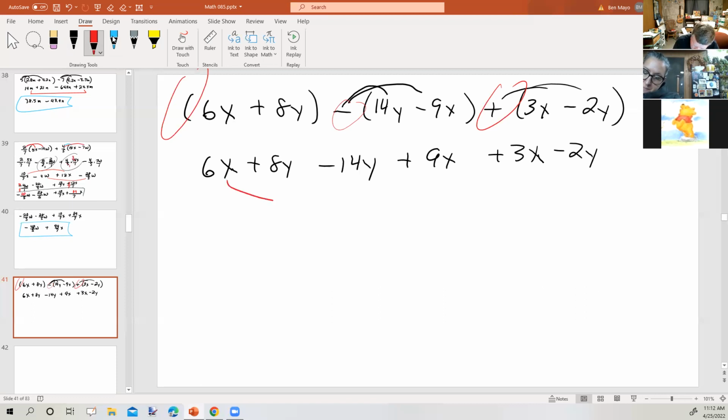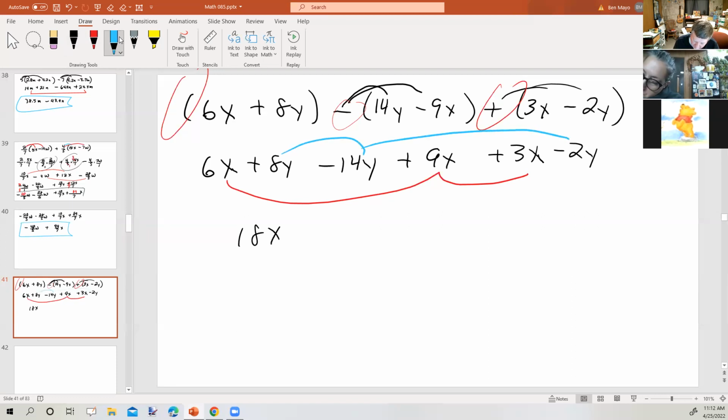So now, combining like terms, 6x plus 9x is 15x plus 3x is 18x. 8y minus 14y is minus 6y, minus 2 more y is minus 8y.